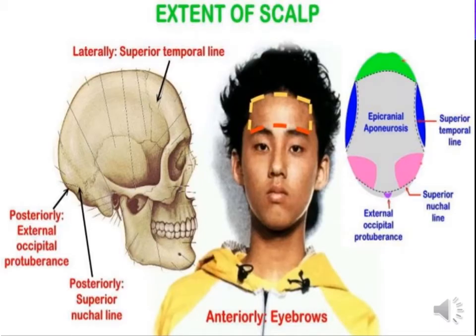The extent of the scalp is anteriorly from the upper margin of the orbit, posteriorly to the external occipital protuberance and superior nuchal line, and laterally to the superior temporal line and the upper part of the zygomatic arch.